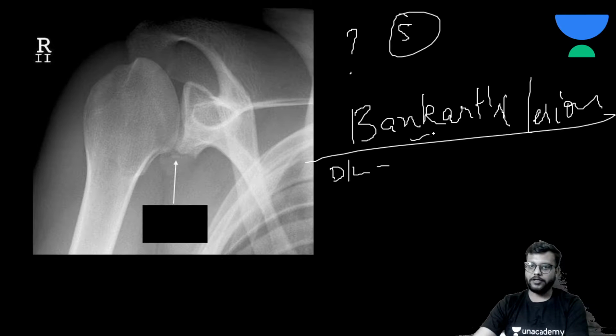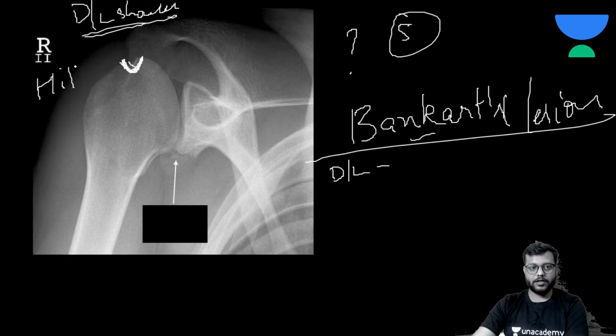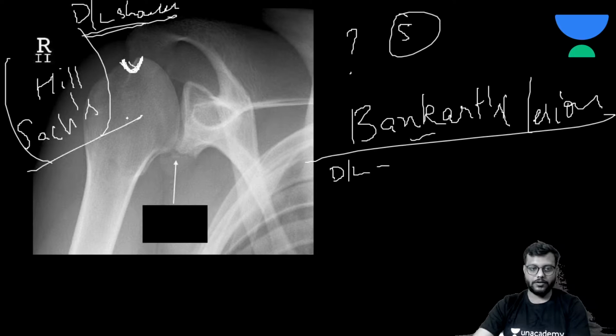So this is Banker's lesion, and similarly at the posterior lateral aspect of the humeral head, sometimes there is this lesion which is formed here in dislocation of the shoulder only. This is called as Hill-Sachs lesion.